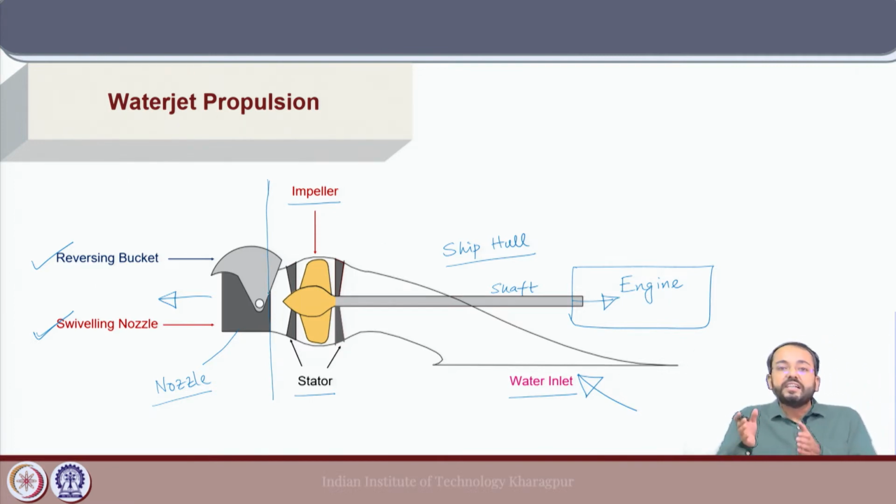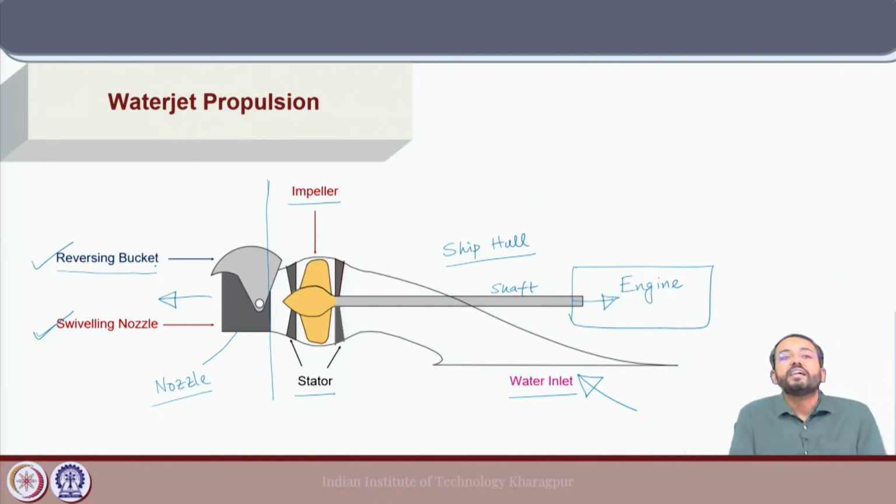That means the nozzle through which the water jet is coming out, the exit of the water jet can be rotated on either ways about a vertical axis at the stern of the ship, and by that feature the thrust can be directed in such a way that the ship can be maneuvered without the use of any added feature like rudders, which are not used in water jet propulsion system. So, this swiveling nozzle can be used for maneuvering the ship towards the port or starboard directions.